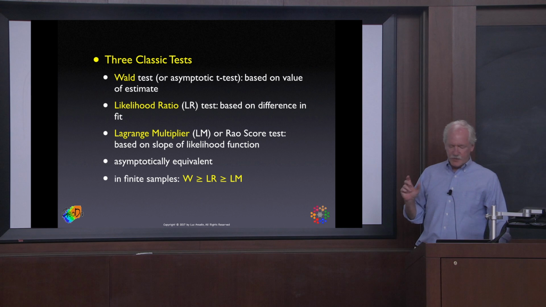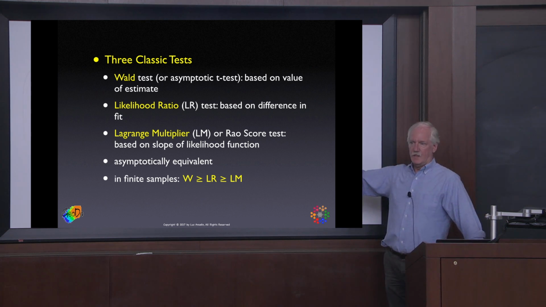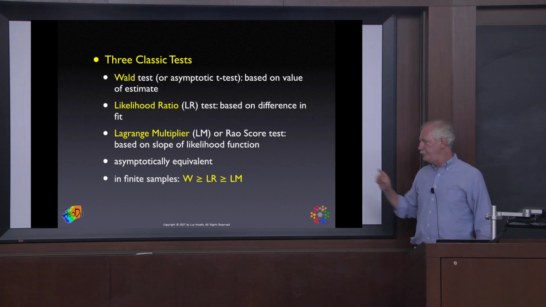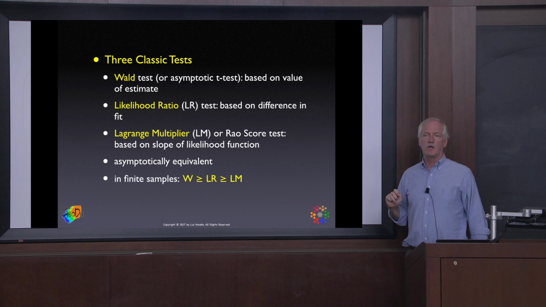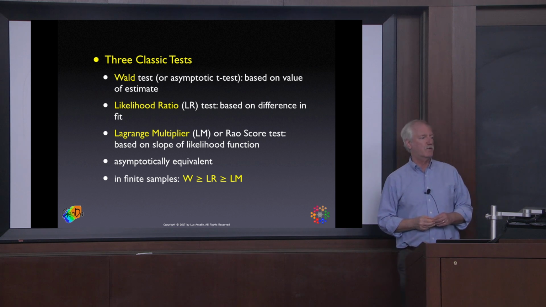In small samples, you have an inequality, or I should say a possible inequality. The Wald test is always the largest value. The Lagrange multiplier or score test is always the smallest value.